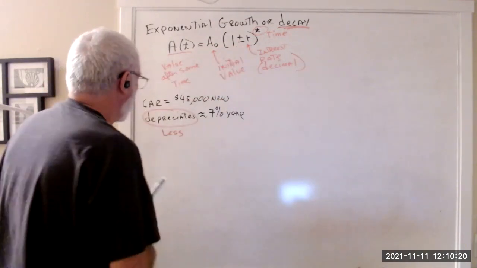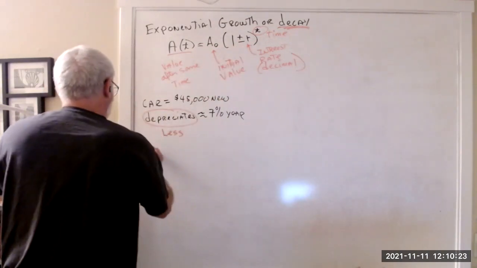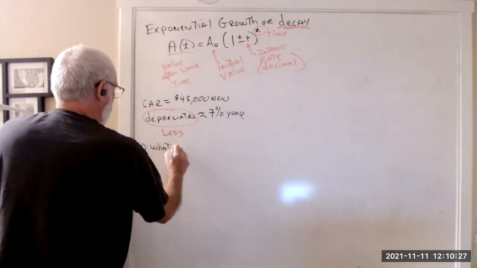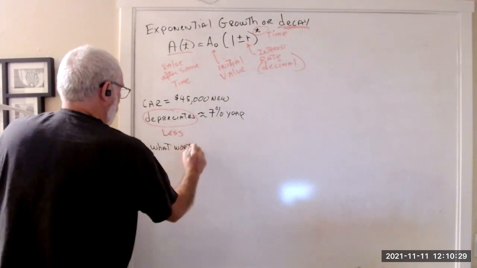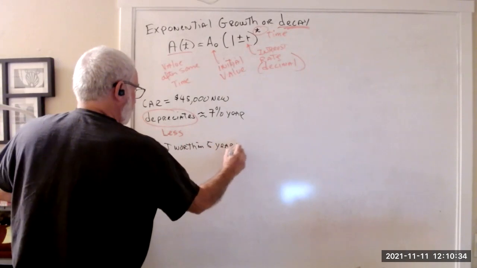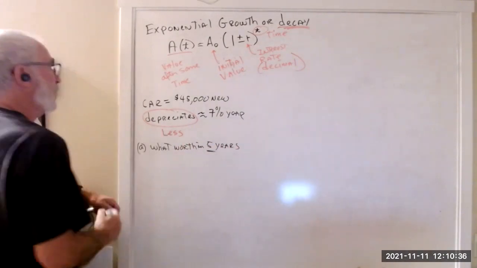So part A says, what is it worth in 5 years? So 5 is time.